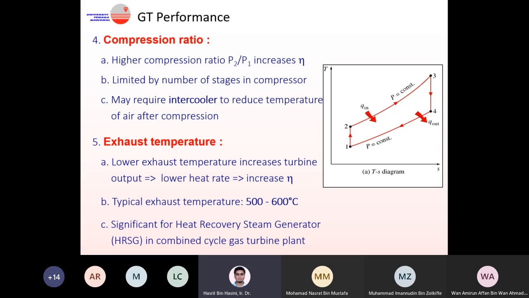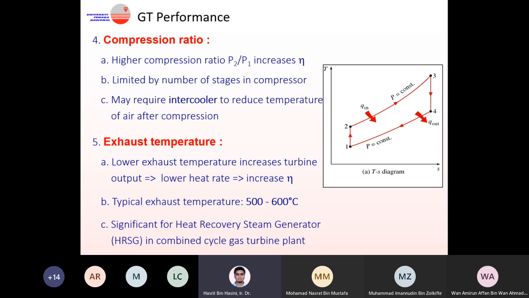Okay, when the temperature of the air that exits the gas turbine is high, you are talking about temperature difference between TH and TL, where when TL is high, then the temperature difference delta T is low. Okay, whereas in cold countries, for example, the ambient temperature is low, the change in temperature delta T is high.